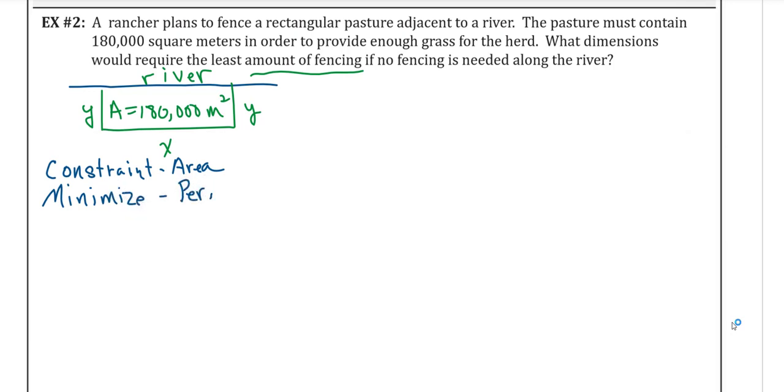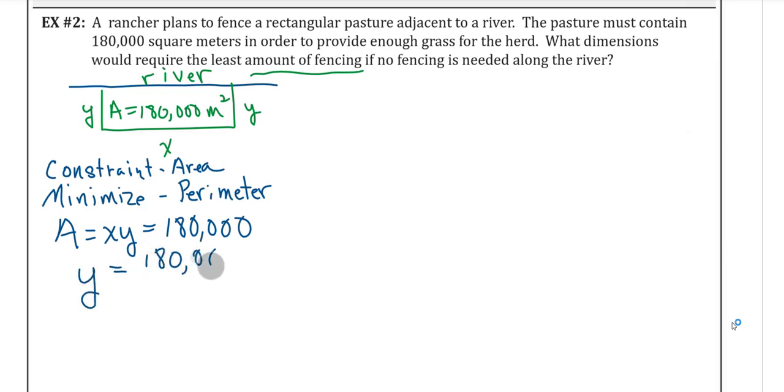So those are the two equations we're going to work with. And remember, the one we want to take the derivative of is the one we want to minimize. So we know that area is going to equal x times y, and that equals 180,000. I'm going to solve this for y, so I get y equals 180,000 over x.